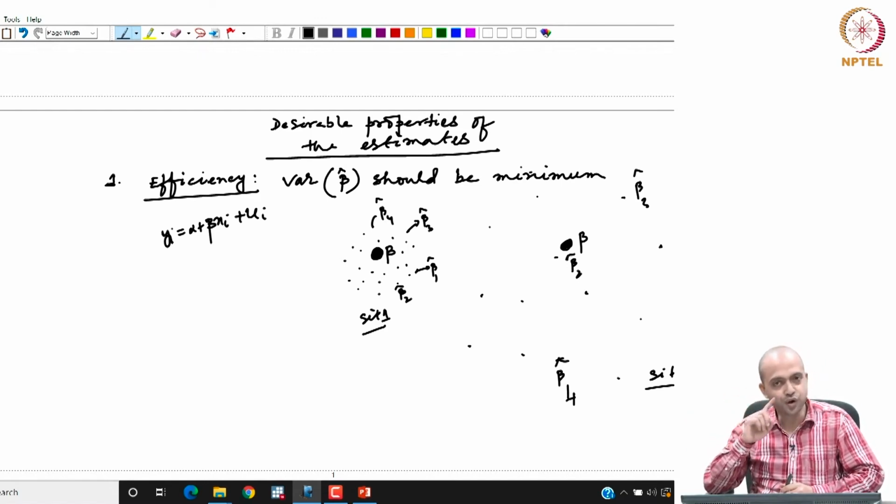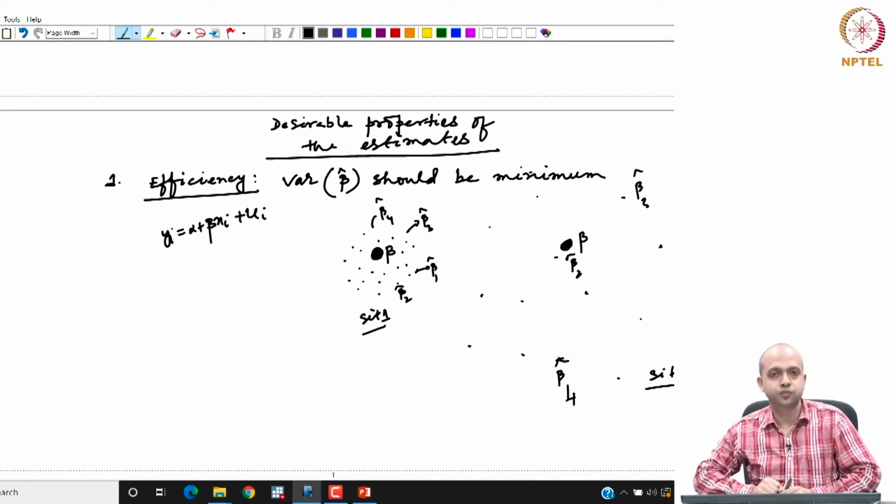So you do not have to collect 100 samples, we will collect only one sample and estimate only one beta hat, but we will ensure the minimum variance property. We will check the minimum variance property of that beta hat, whether it is satisfied or not, from one sample only, because of the distributional assumption of this ui.